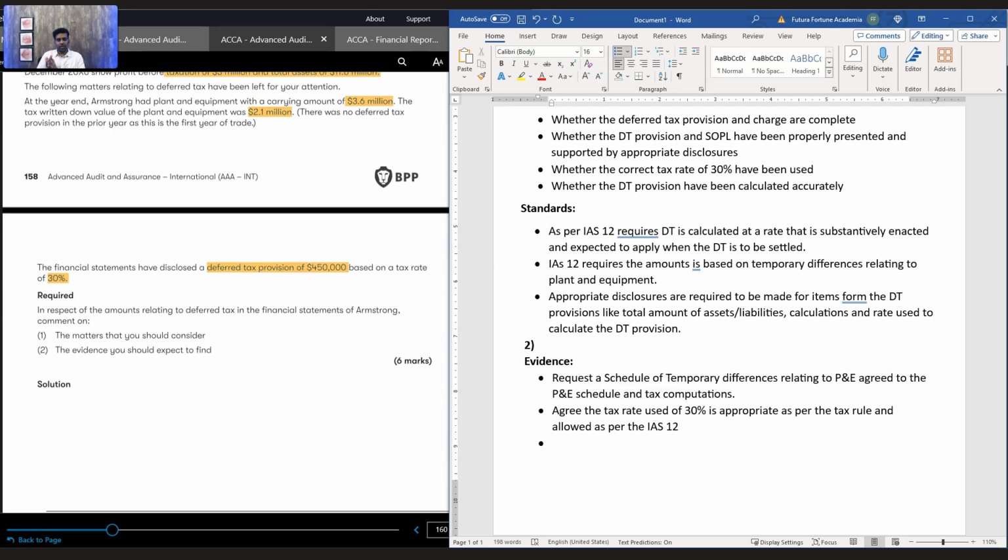So ensure that the 30% rate used is appropriate as per IAS 12. It should not be totally different from what the standard says.